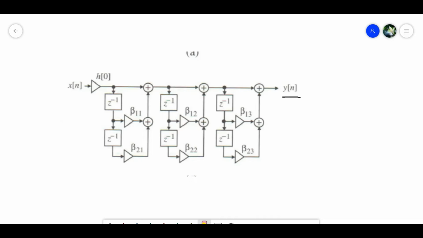So let's write that here, H0 xn. And remember it goes into this node or branching, so it duplicates itself. So this is H0 xn, also this is H0 xn.